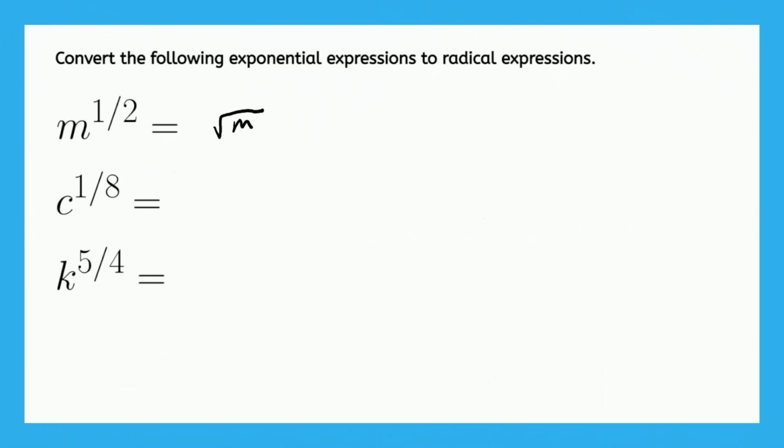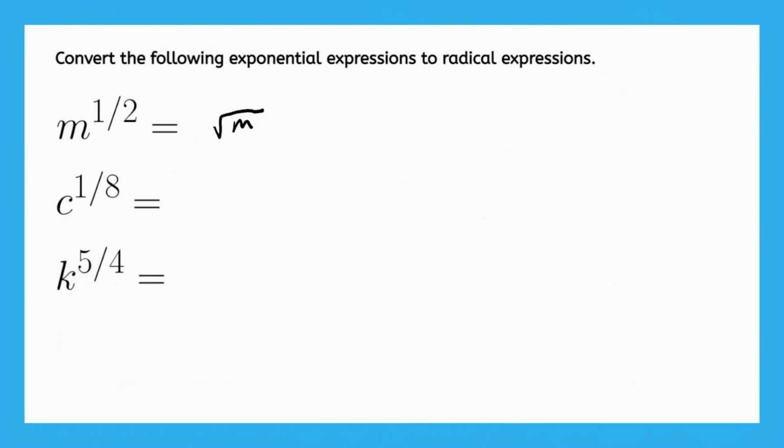So technically, this is the square root, so we could write a 2 right there, of m to the power of 1. So there's a little 1 as the exponent right there. But when we have an exponent of 1 and we have a 2 in front of the radical, we typically don't write those numbers. So m to the 1/2 is the square root of m.